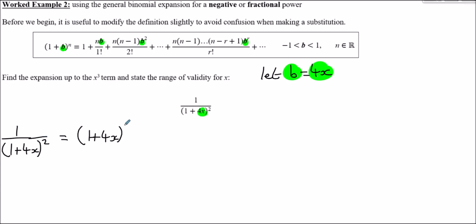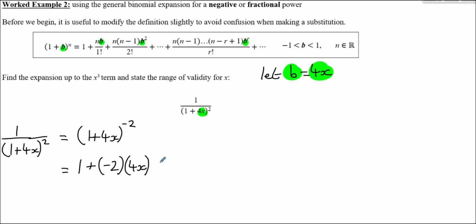So it's (1 plus 4x) to the power minus 2. Now we just proceed as normal. Up to the x cubed term, the first term is always going to be 1. Then we've got the power multiplied by our b in this case, so it's minus 2 times 4x.